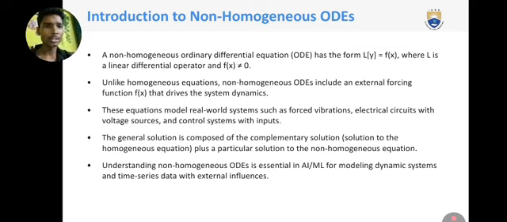The general solution is composed of the complementary solution, which is the solution to the homogeneous equation, plus a particular solution to the non-homogeneous equation. Understanding non-homogeneous ODEs is essential in AIML for modeling dynamic systems and time series data with external influence.